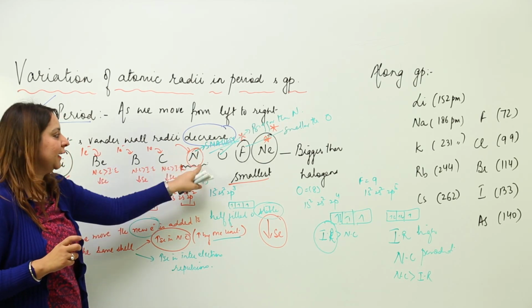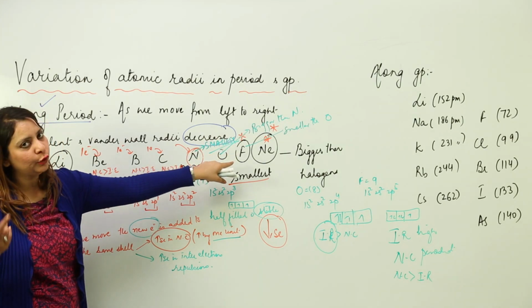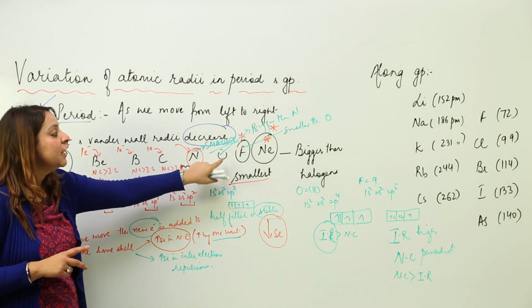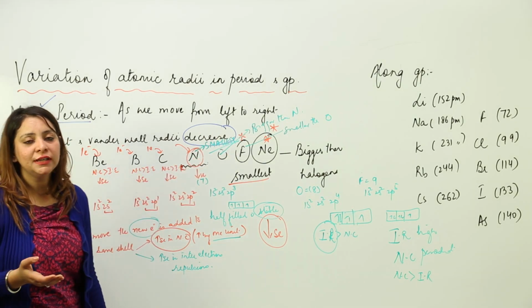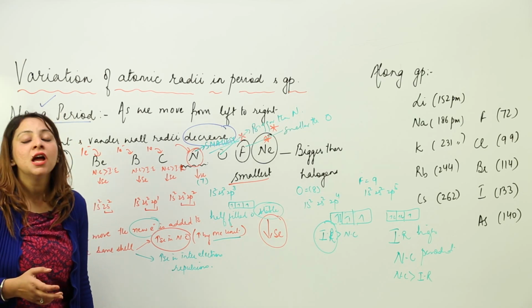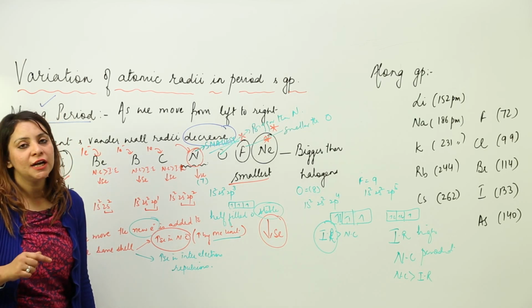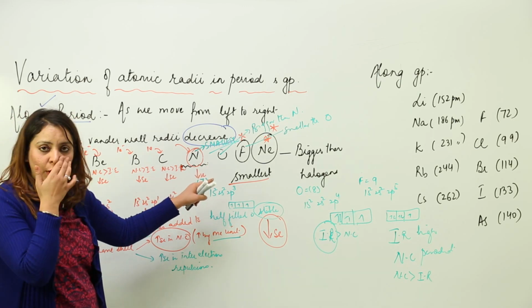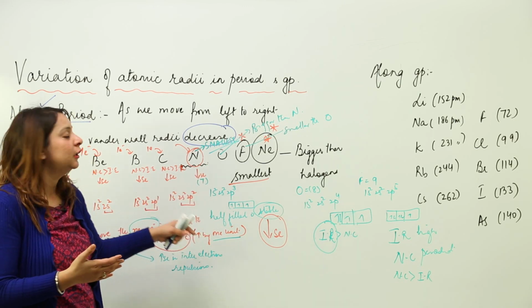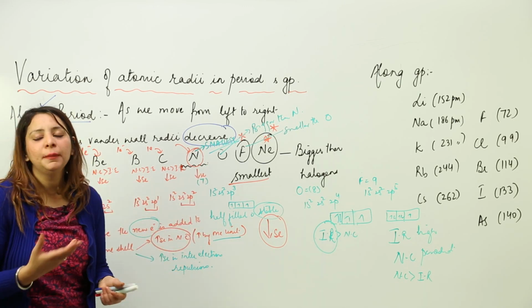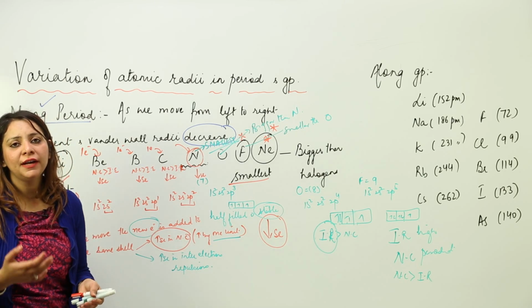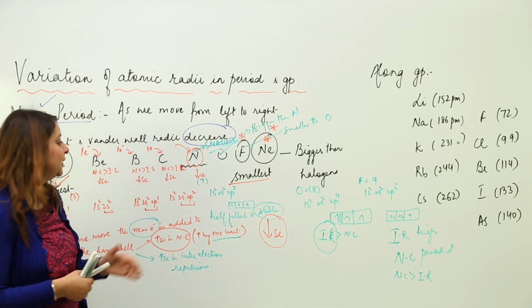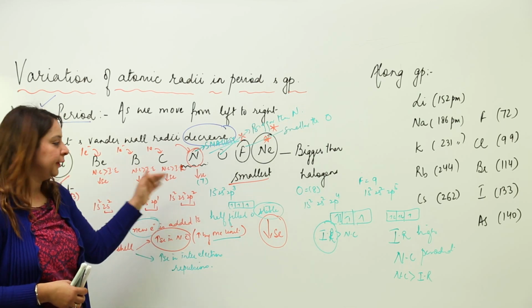But oxygen is bigger than nitrogen, and again fluorine is smaller than oxygen, because as the number of electrons is increasing, the repulsion effect is increasing, but still the nuclear charge predominates there. So I think you got it. This exception you will see only in the second period, and maybe in some other periods where half-filled and fully filled orbitals are encountered.